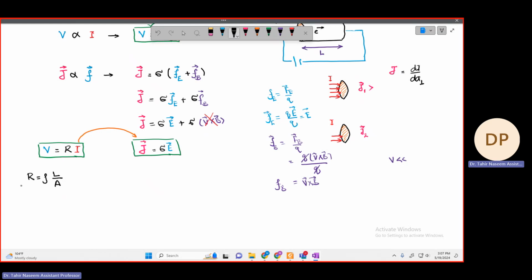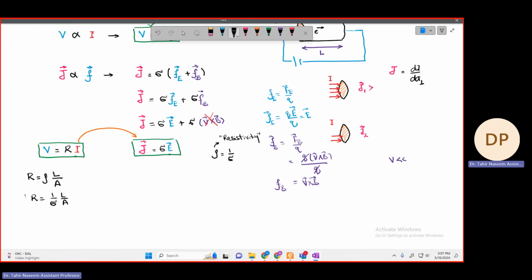And rho is not charge density, instead rho is the reciprocal of conductivity, which is called resistivity, right? So I can write R as 1 over sigma, L over A.